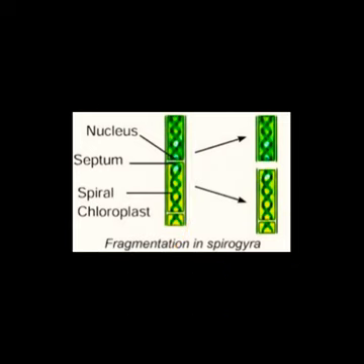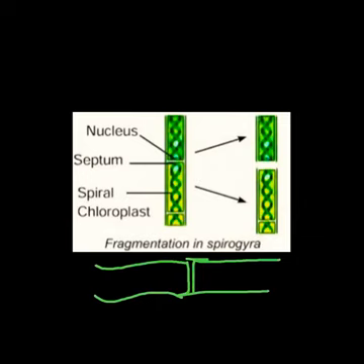Another means of sexual reproduction in Spirogyra is, say for example, here is one cell of the Spirogyra and here is another cell connected. For example, from one of the cells, if cytoplasm flows towards the other cell along with some nuclear material also, so this cell is called the male Spirogyra cell, and the cell which receives the material from the other cell of the same Spirogyra is called the female Spirogyra cell.